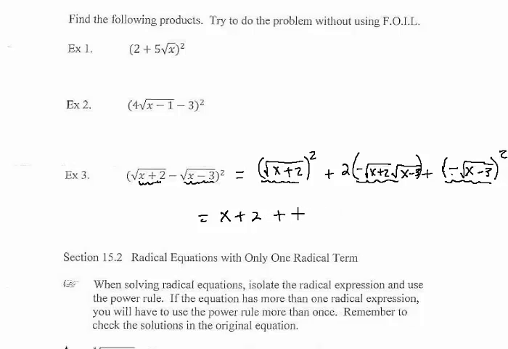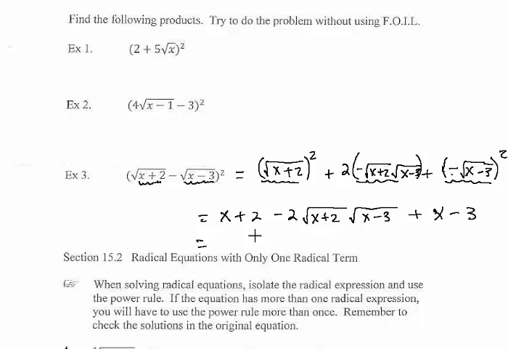This middle term is negative, so I'll write this as a minus 2, and then I'll just put my 2 square roots to the side. Finally, our third term is a negative squared and a square root squared. So the negative is going to drop out, and this radical is going to drop out to leave us with the x minus 3.